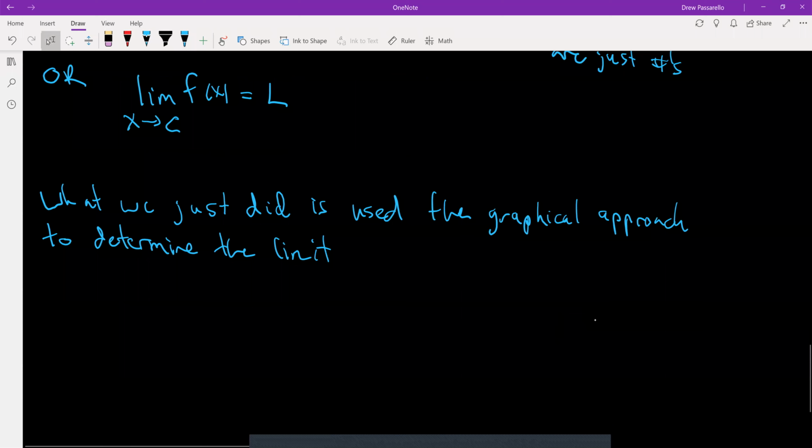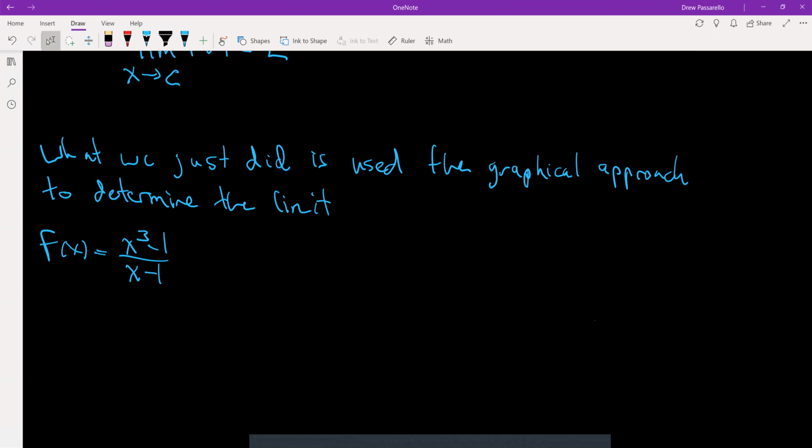And so our function was x cubed minus 1 over x minus 1. So from the graphical approach, we would say the limit as x goes to 1 of x cubed minus 1 over x minus 1 equals 3.